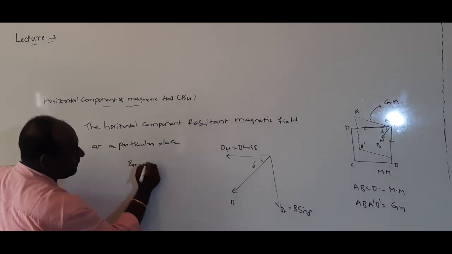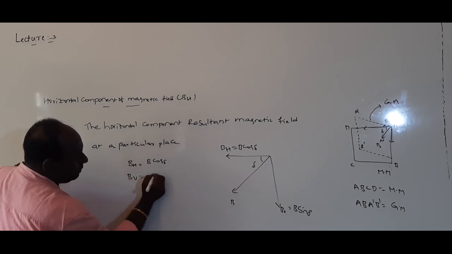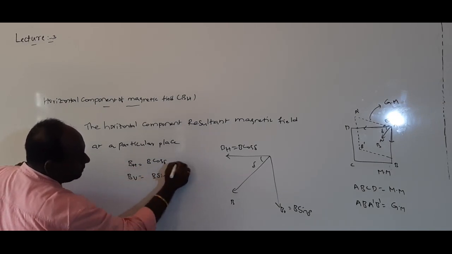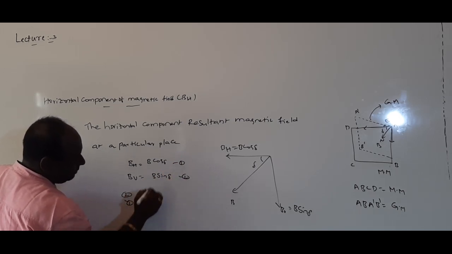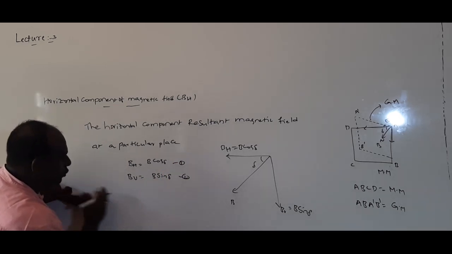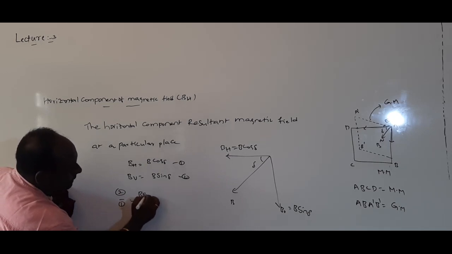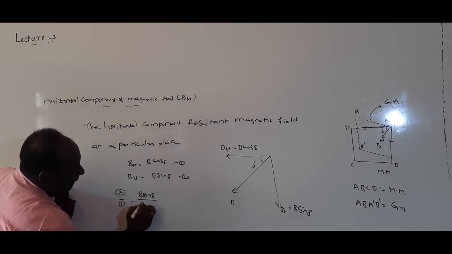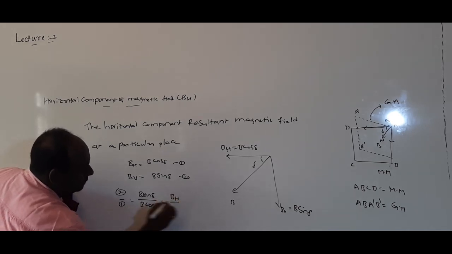BH is equal to B cos delta, BV is equal to B sin delta. So this is equation 1, this is equation 2. Write 2 by 1, then what will we get? Tan delta. I am writing 2 divided by 1. So what can we get? B sin delta by B cos delta equal to BV by BH.